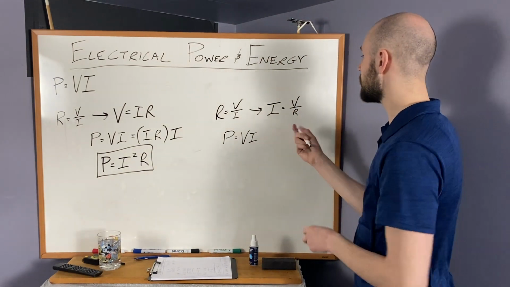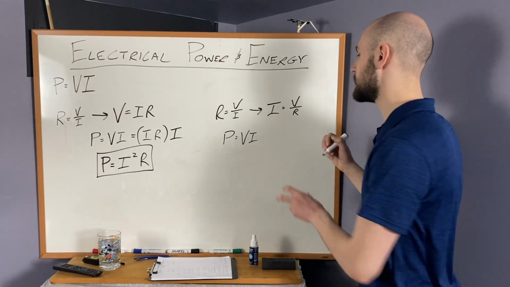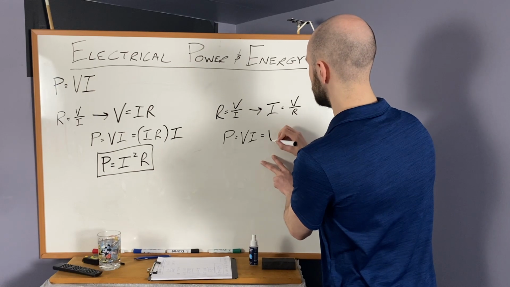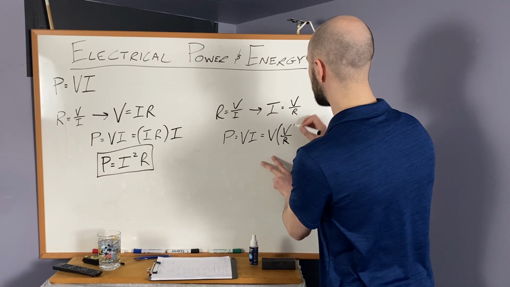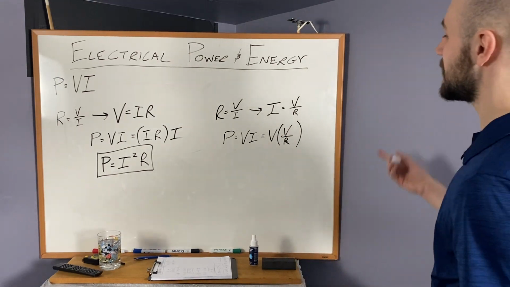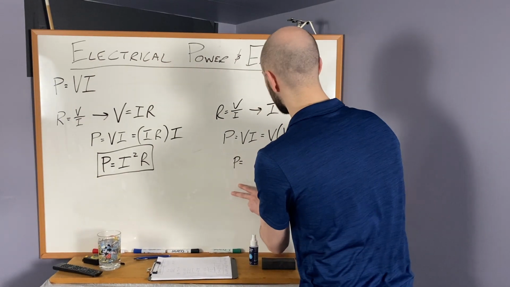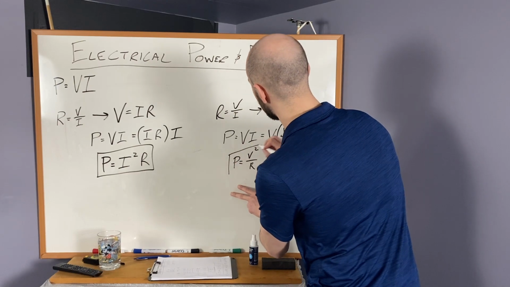Let's say I don't know the current, I could plug in this expression here, V over R, wherever I see the I. I is equal to V over R. Power is equal to V times V over R. V times V is V squared, so we could simplify and say the electrical power could also be found by finding V squared over R.